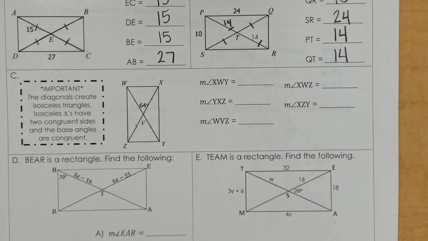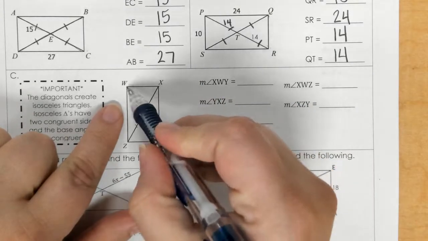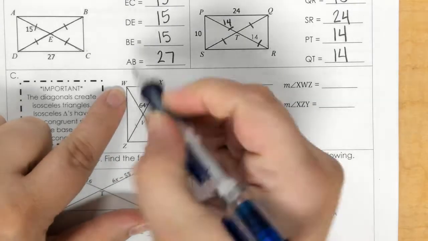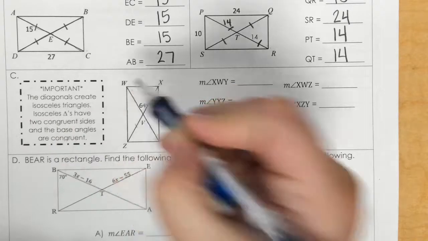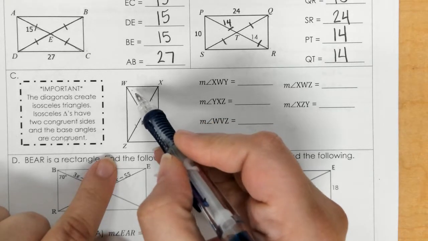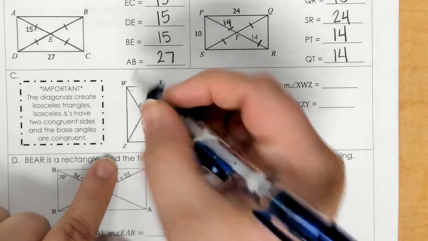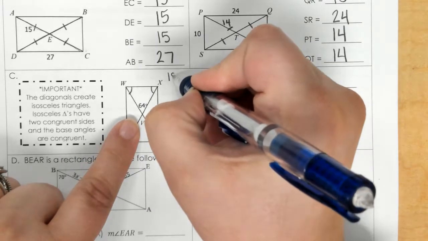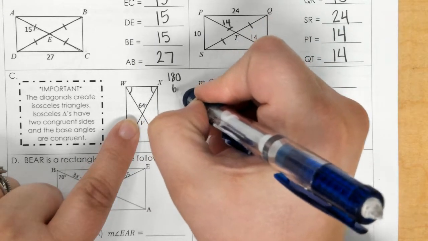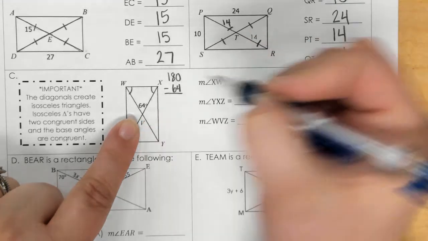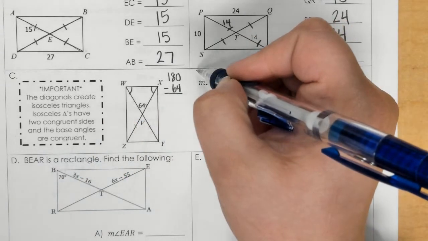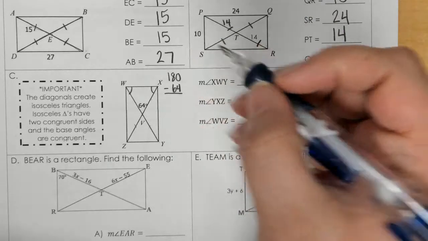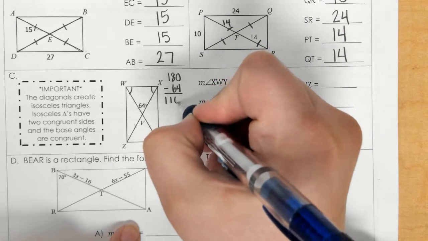And it says the measure of XWY. Okay, so this right here. Well, I can figure this out because if a triangle has 180 degrees and these are congruent, we take 180 minus 64. If I subtract those, I get 116.